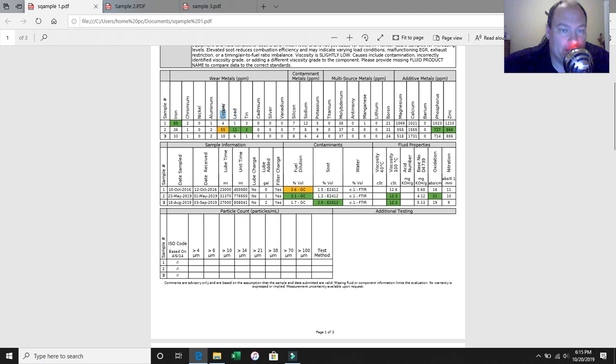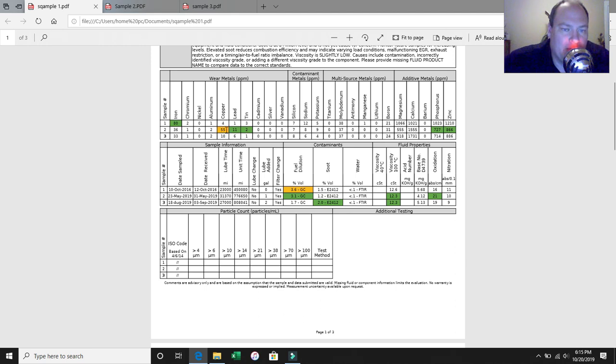So copper. Okay, here's where it can get complicated. Copper is an overlayment metal, which means it overlays on a bearing. Also, you'll find copper in oil coolers. So if you show elevated copper all by itself, I'm not talking about normal levels of copper like here, these are all normal, but if you showed elevated copper by itself, I would turn to the oil cooler.